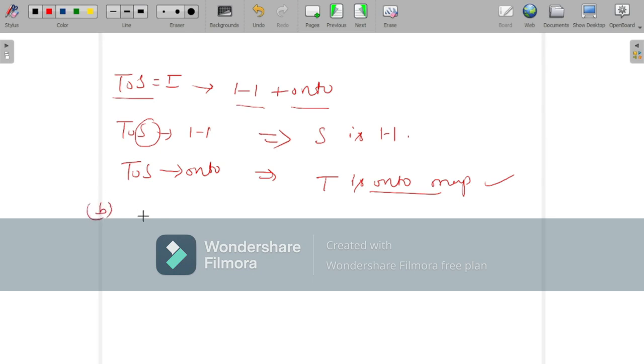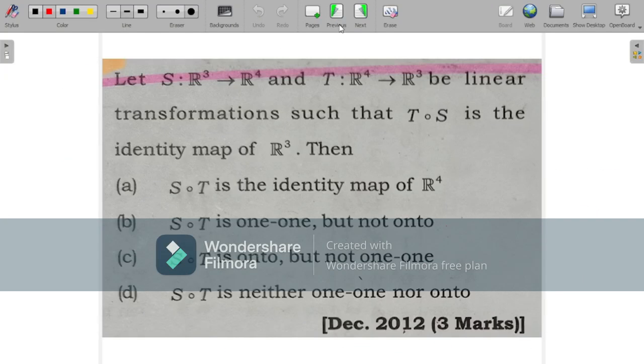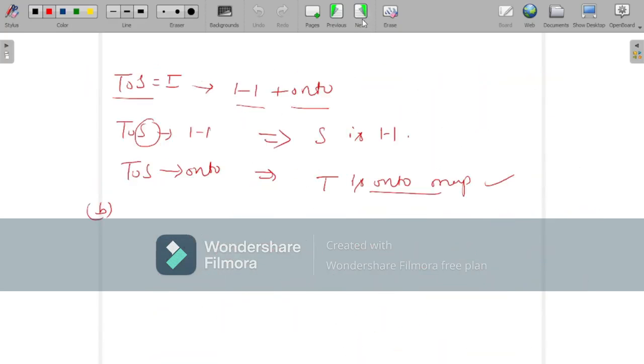Now the second option is S composition T is 1-1 but not onto. Now we need to check about 1-1 and onto. If S composition T is 1-1, this will imply that T is 1-1. We have already seen that T cannot be a 1-1 map.